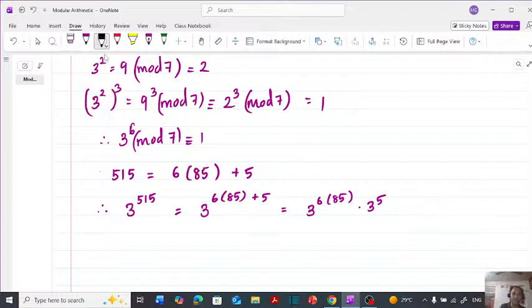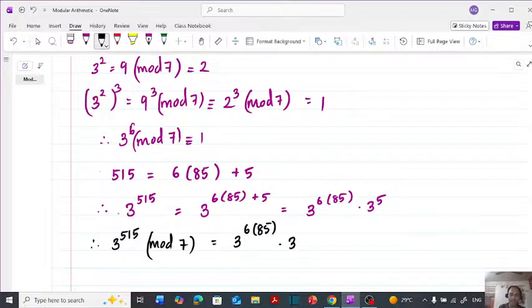So therefore when we have 3 raised to 515 mod 7, it is going to give you 3 raised to 6 into 85 into 3 raised to 5 mod 7.